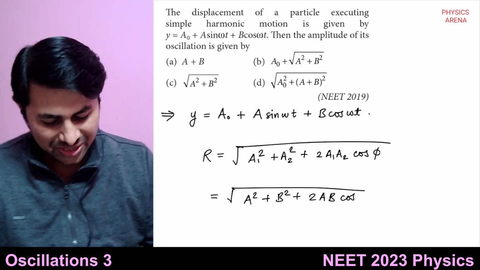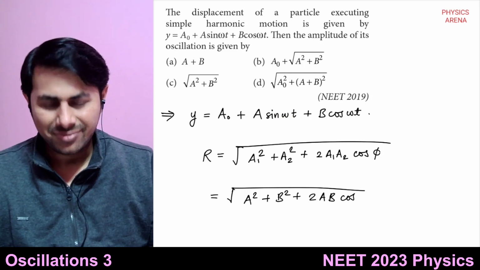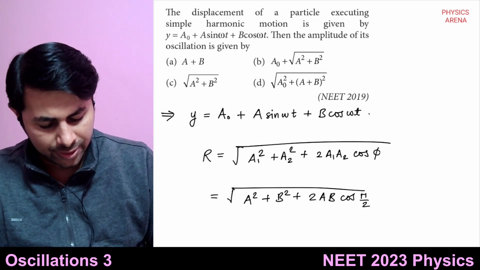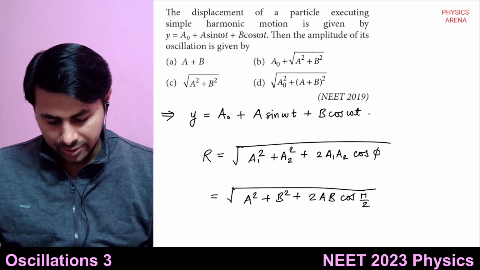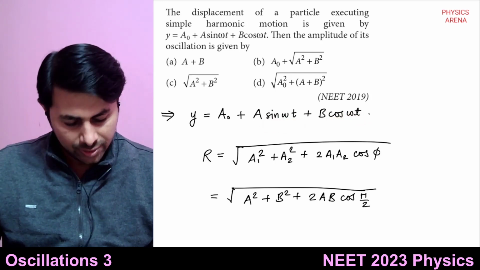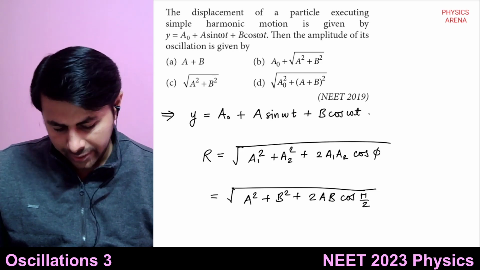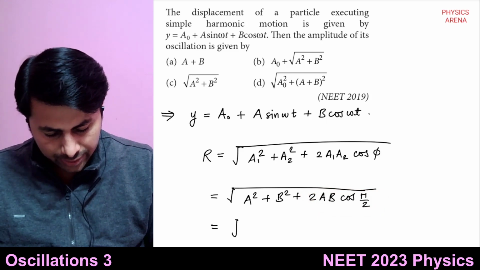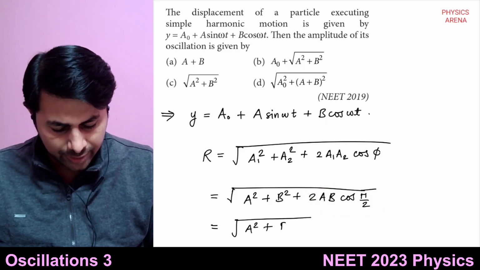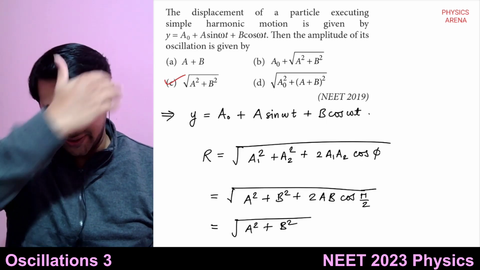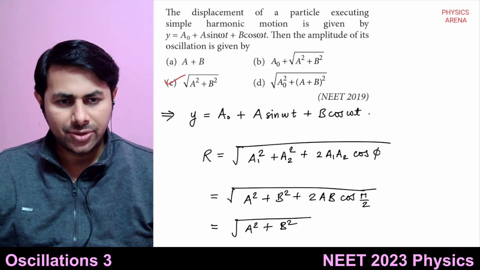Phase difference between these two is pi by 2, and cos of pi by 2 is 0. So phase difference between sine and cos is pi by 2. Then this thing is 0, so answer is square root of A square plus B square, option C. All right, let us see next question.